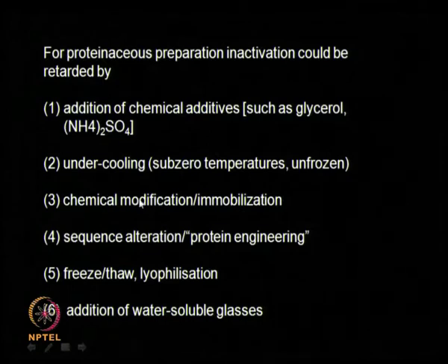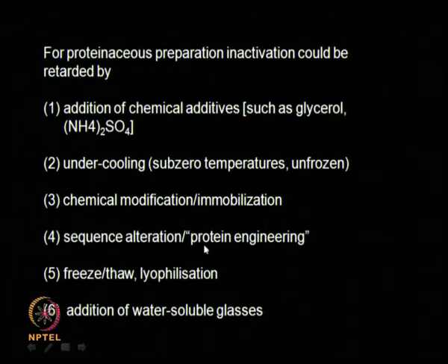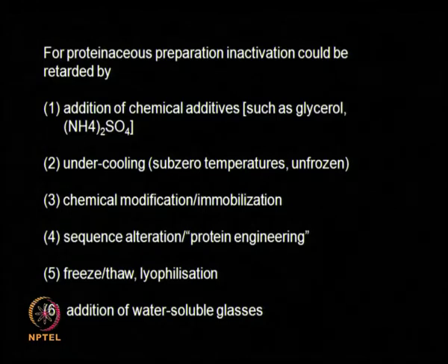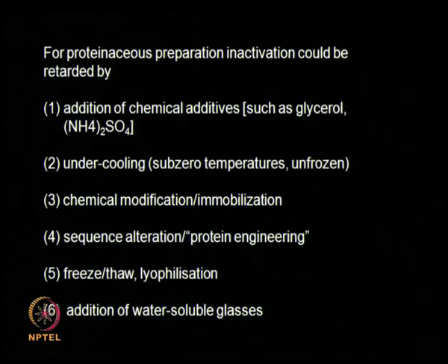We can even do sequence alteration, protein engineering. We can even go to freezing, thawing, that sort of lyophilization. We can even think about adding water soluble gases. All these different approaches can help in reducing the inactivation of proteins. That means we can retard the inactivation of protein.